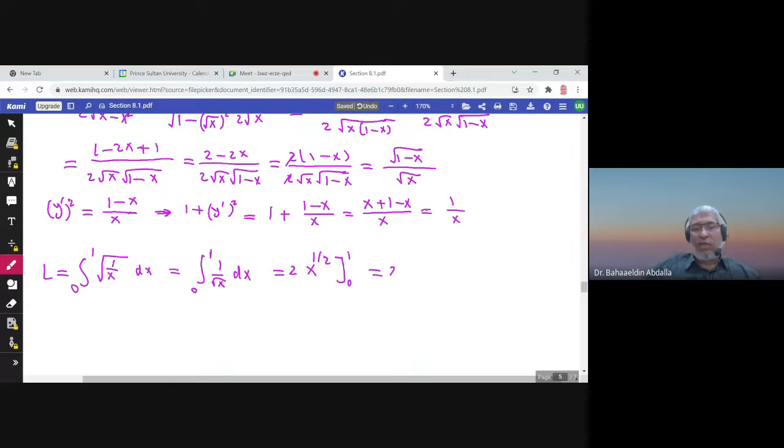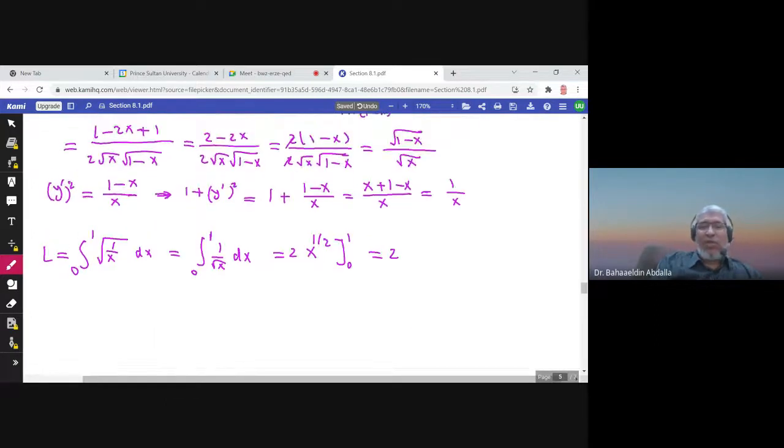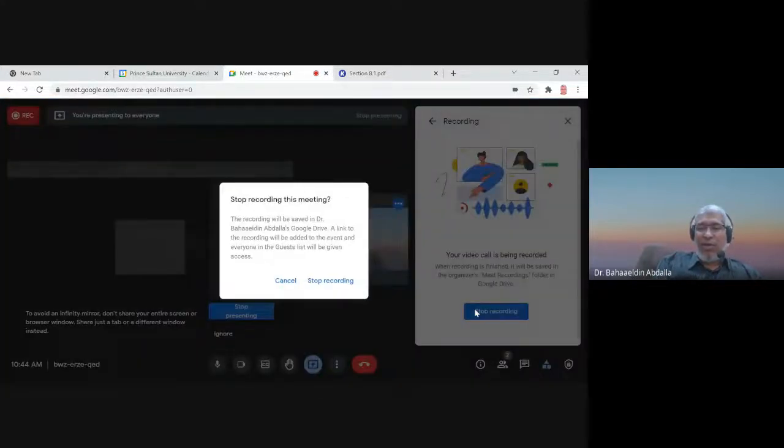So the answer is 2 times 1 to the power half is 1, minus 0. So the answer is 2. The arc length is 2. I'll stop here. Study well, and I hope the arc length is easy now for you.